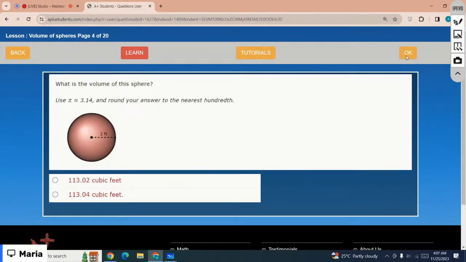Okay, what is the volume of the sphere? Which is the correct option? You are given the radius equals 3 feet, so which is the correct option? Use the formula V equals 4 by 3 pi r cube. Do the calculations.